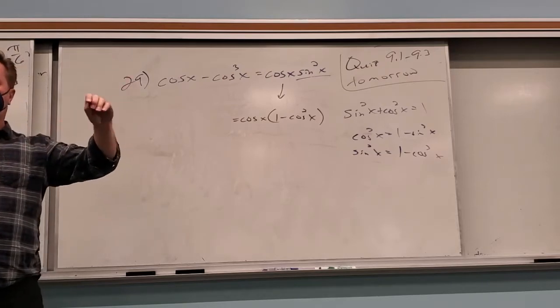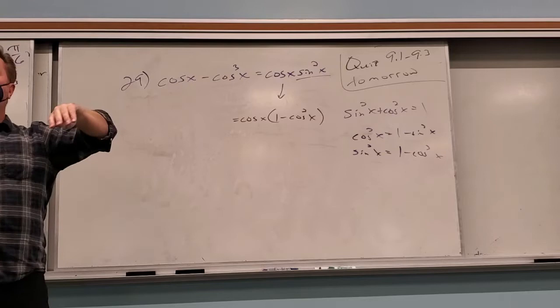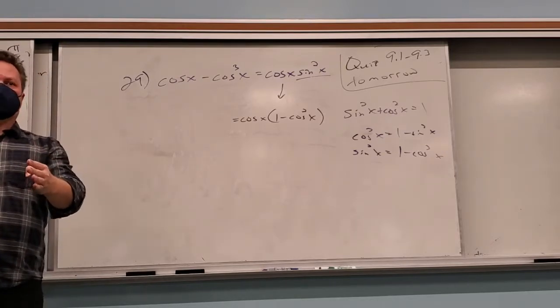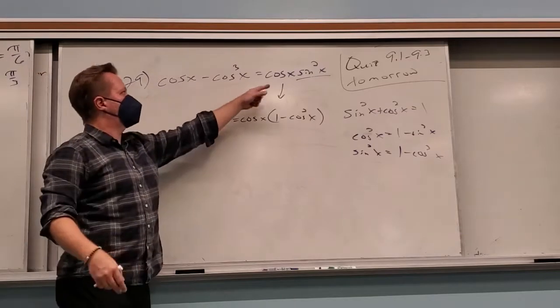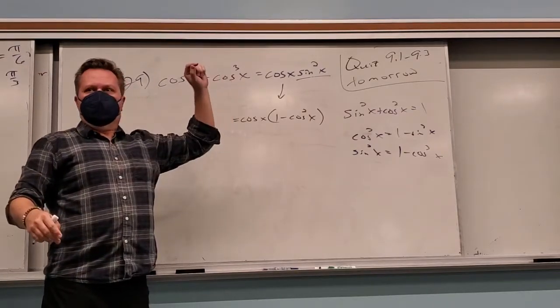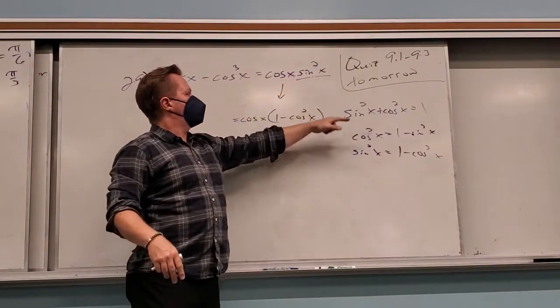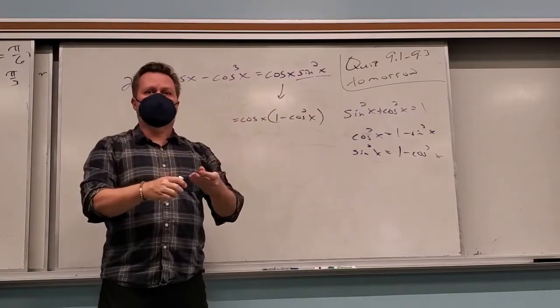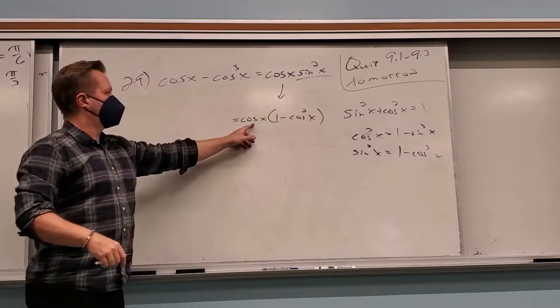Eventually, you're going to have to get to the point where you don't need to, but when you're first doing this stuff, have that sitting next to you. So when you look at this, you're like, I don't know. You say, oh, there's sine squared, that's involved in an identity, maybe that's going to help me. And you try it. And what's beautiful here?